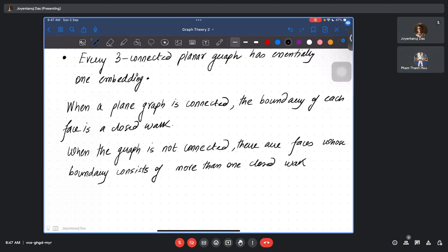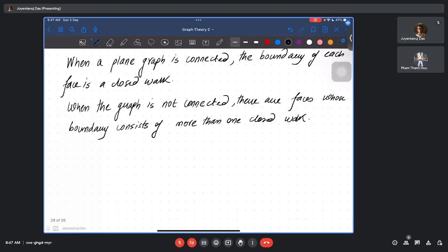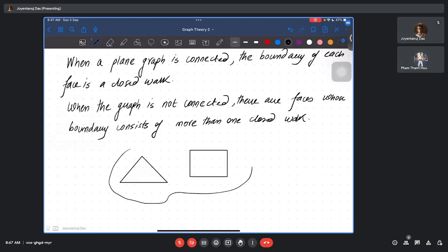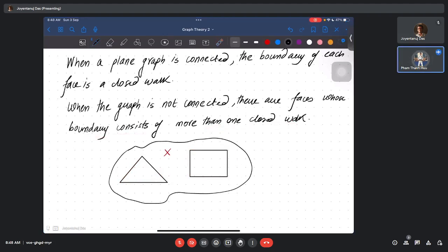So suppose the plane graph is disconnected. So suppose I have simply two disconnected graphs. So I take a triangle and take a square, or a cycle. So suppose this whole thing is a single graph. So this is disconnected and it is planar. So now if I consider the outer face, this outer face has a boundary of two closed walks, right? So it has a boundary consisting of more than one closed walk.